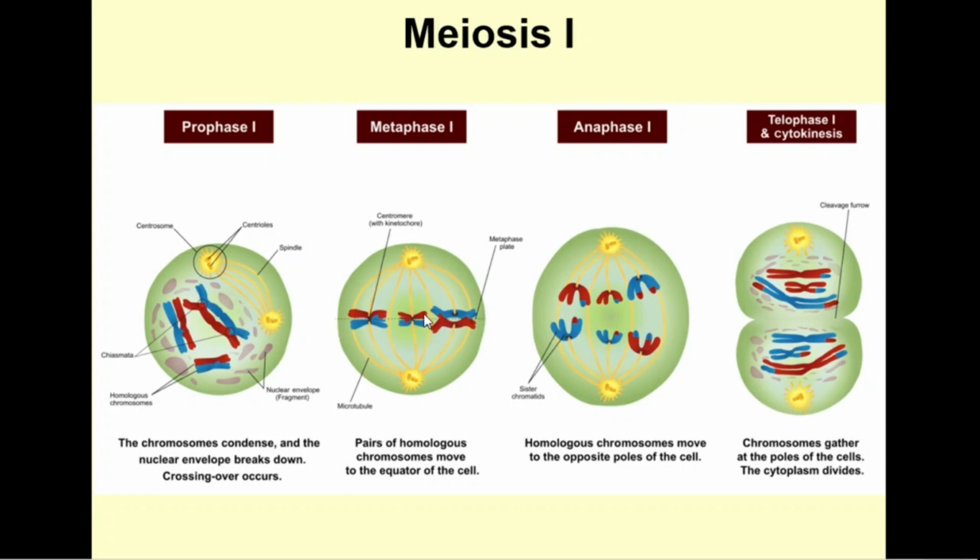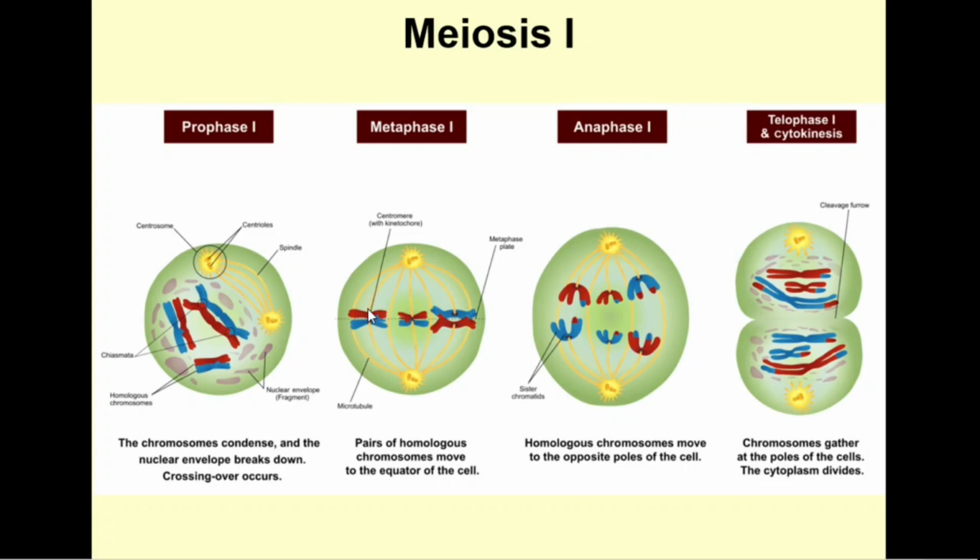Now, metaphase I is another stage in which we get genetic variation, and that is because the way that these chromosomes align along the metaphase plate is random. And what I mean by that is, let's say the red chromosomes here we got from dad and the blue we got from mum.